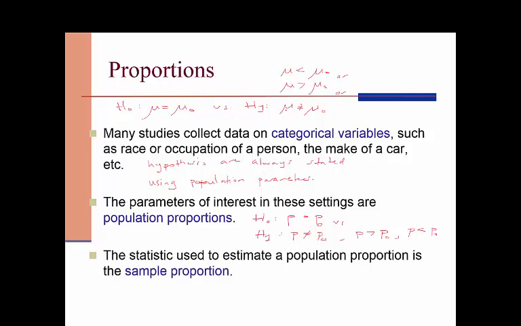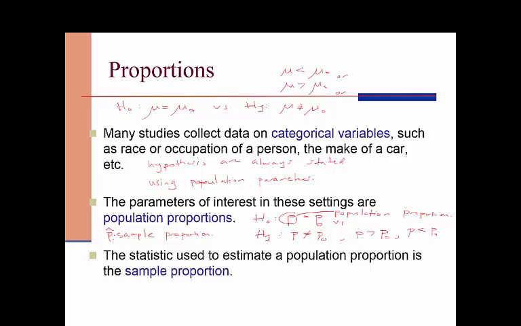You never put x bar in your hypothesis. You never put p hat, right? This is a population proportion, p. When you're talking about the sample, that's p hat. p hat is the sample proportion. Never put that in the hypothesis. It's always in terms of population parameters.